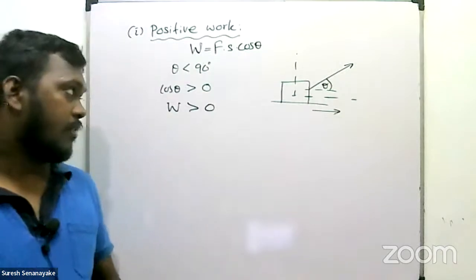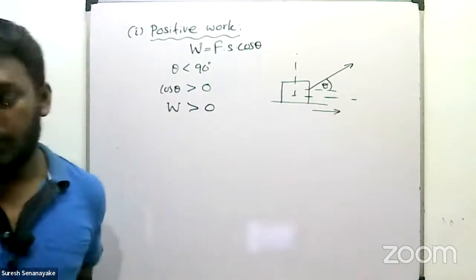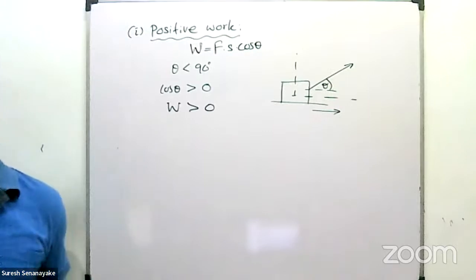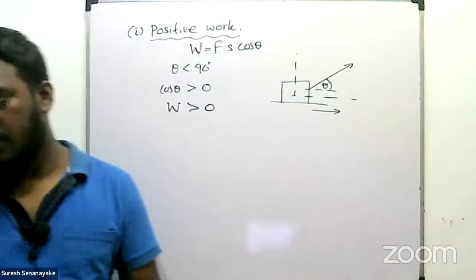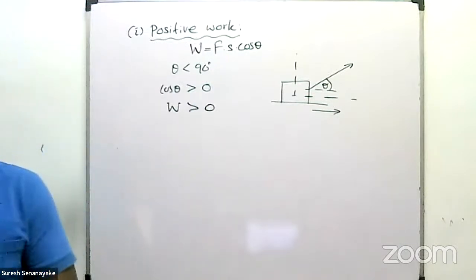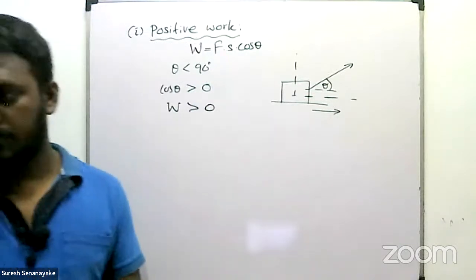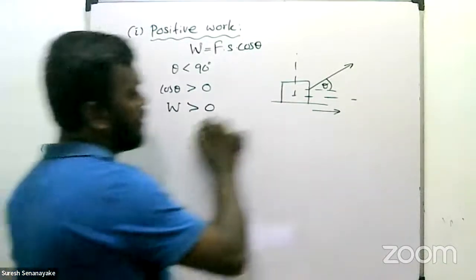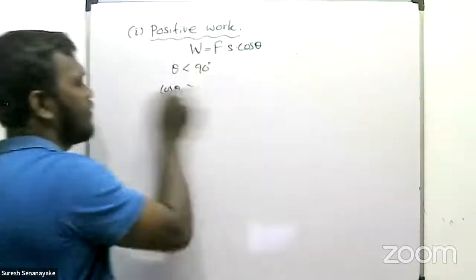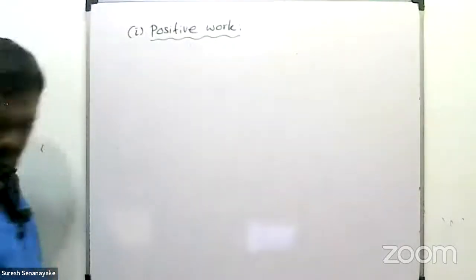That's one example: when a body falls under gravity, the work done by gravity is positive. Let's see how it becomes positive.